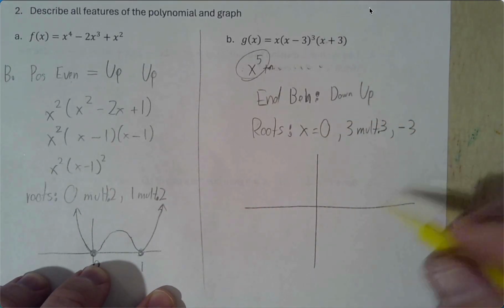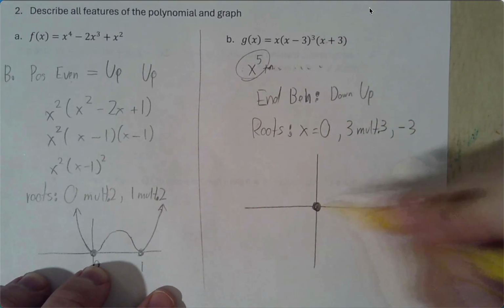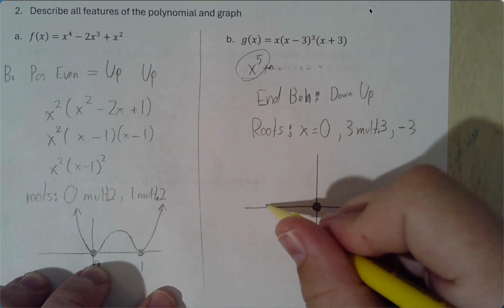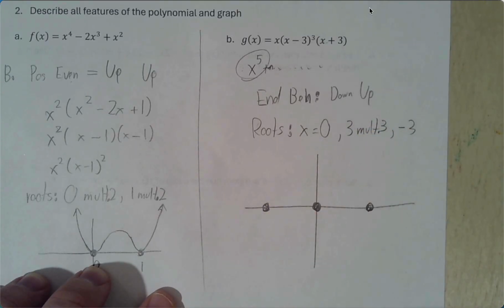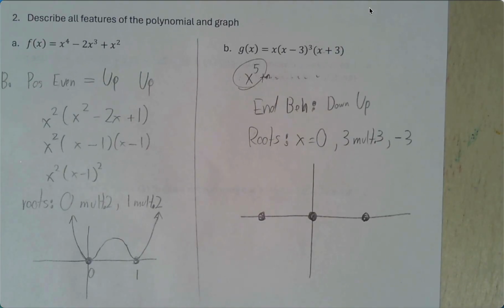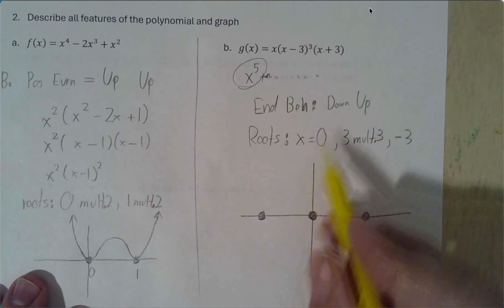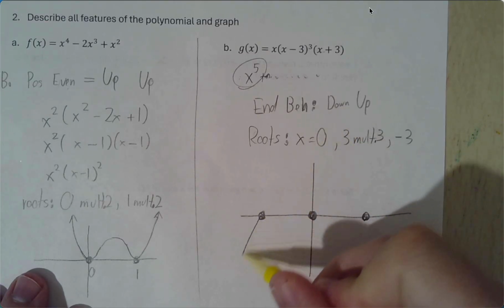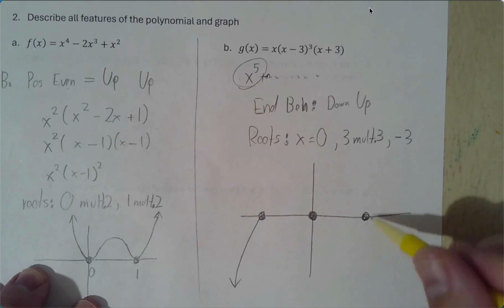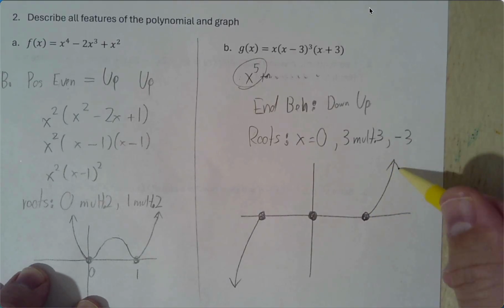Yes, we can. I'm going to do something at 0, I'm going to do something at positive 3, and I'm going to do something at negative 3. Okay, those are my 3 roots. Now what comes next? The end behavior. From my leftmost root, I'll move down. From my rightmost root, I'll move up.